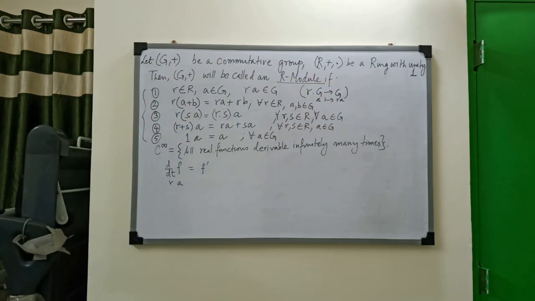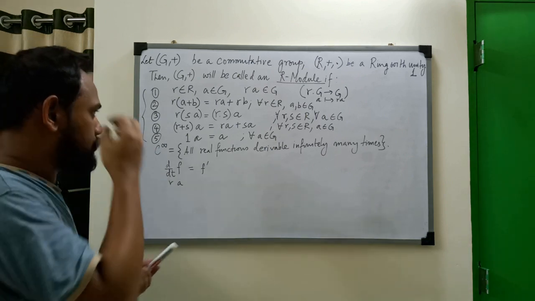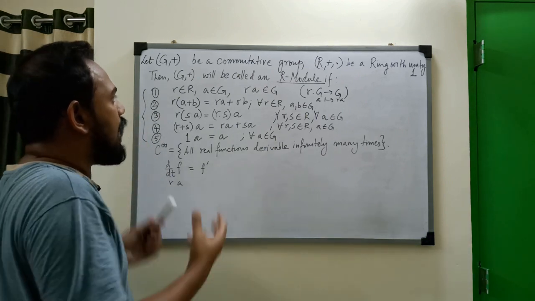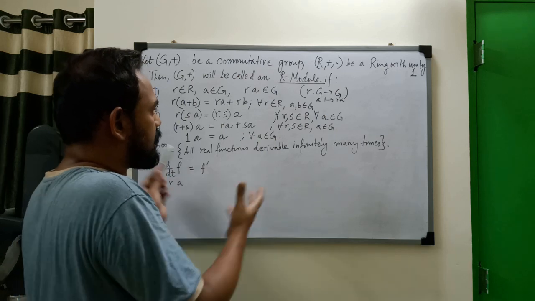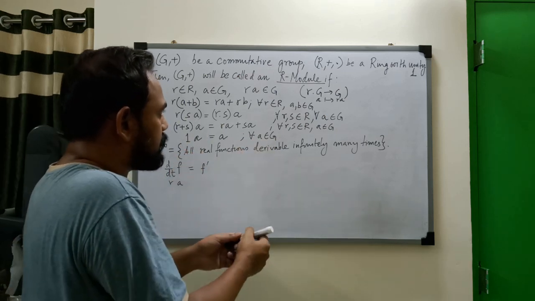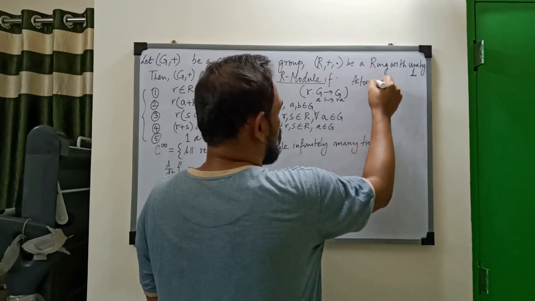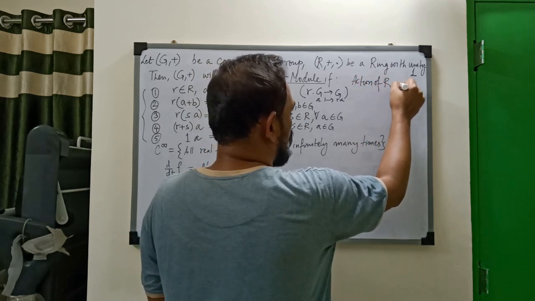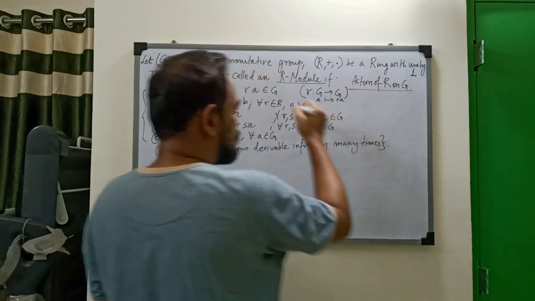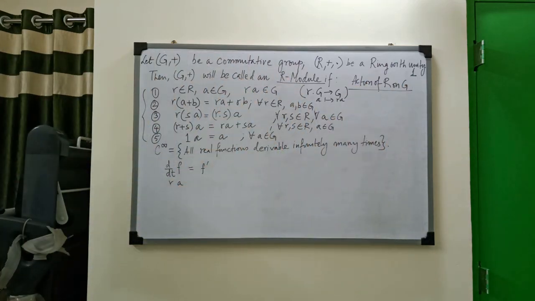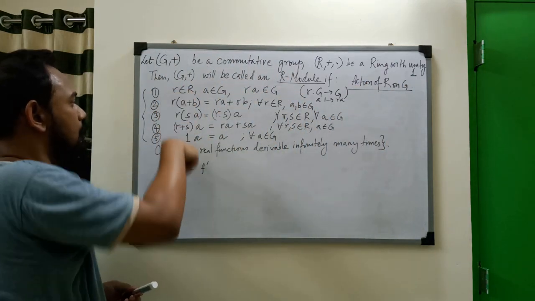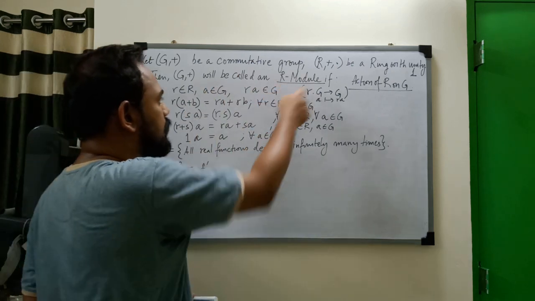So 3 things we have learned: one is a group, one is a ring, and how a group and ring can be linked together by an action, the action of the ring on the group G. That's what is connecting them. And if this action follows all the 5 properties, then G will be called an R module.